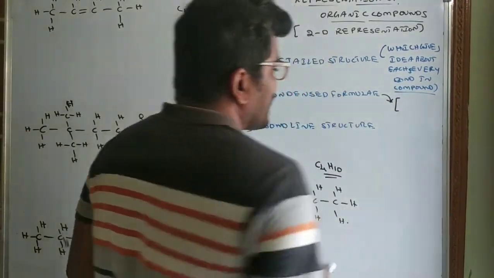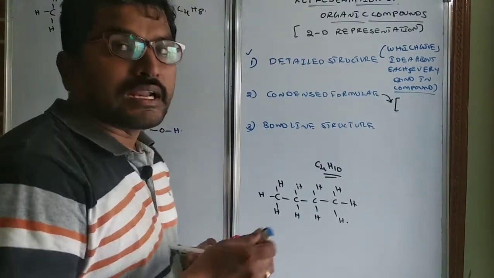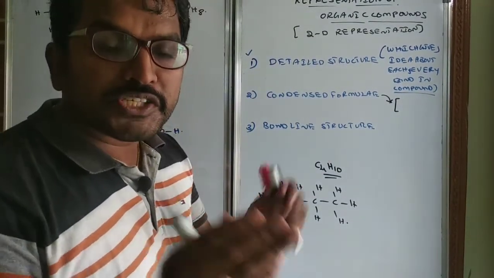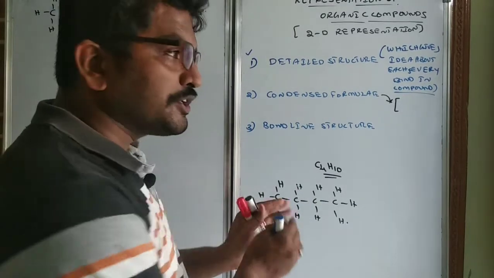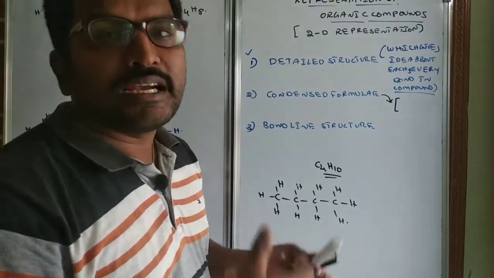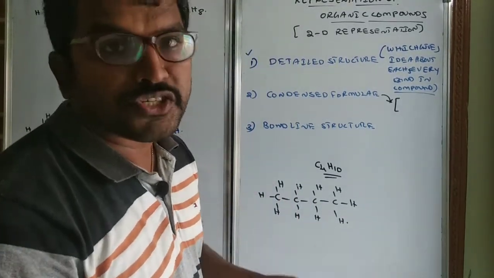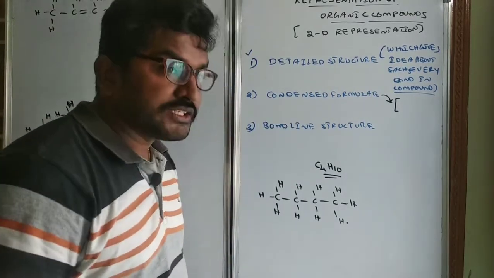What is this condensed formula? It is a representation which condenses the whole molecule into CH3 and CH2 groups and functional groups, so it is known as the condensed formula.